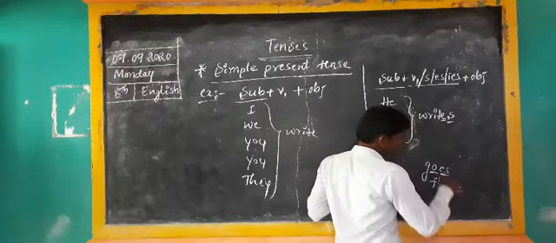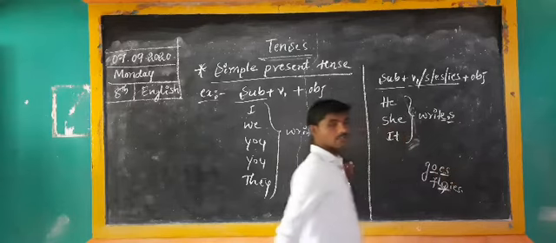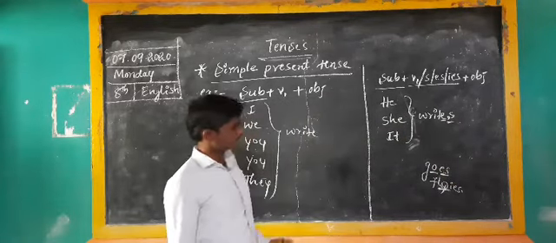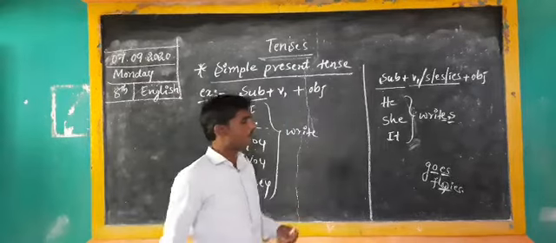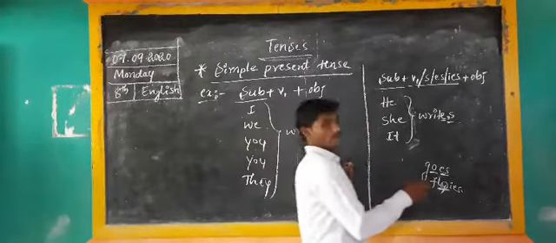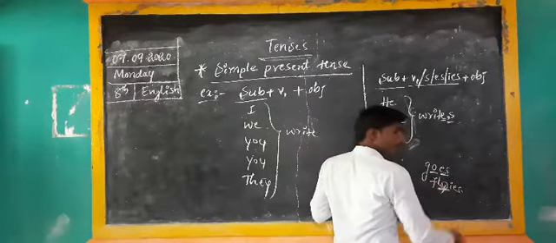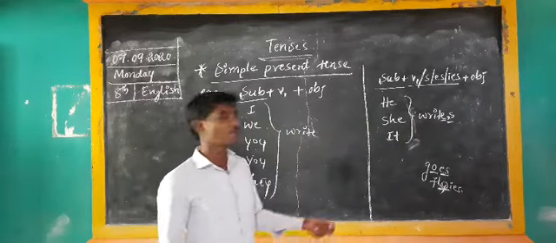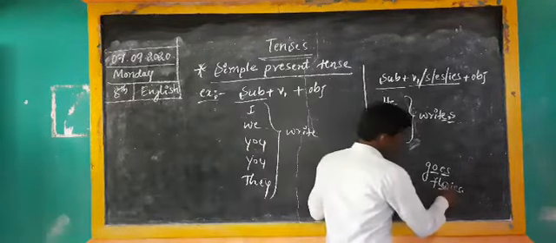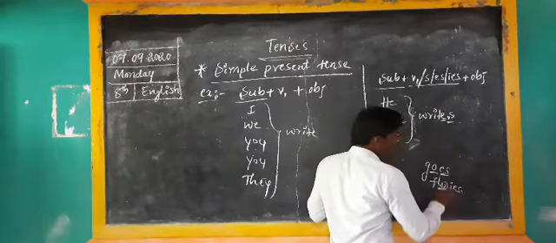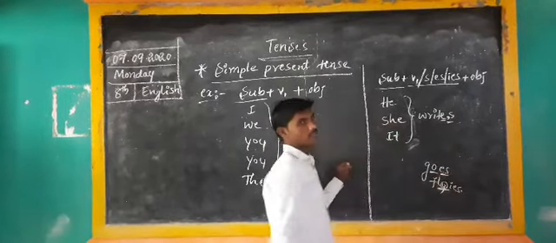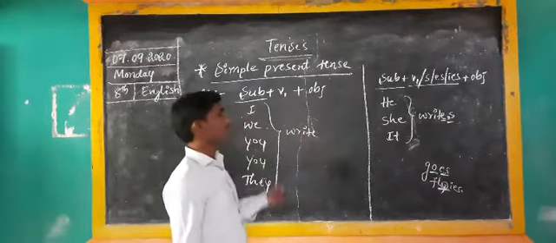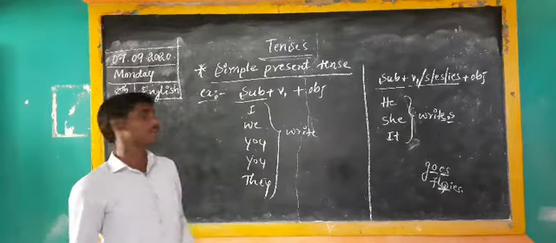Then we should use ies when the main verb ends with the letter y after a consonant letter: we should remove the y and use ies. This is the formula we have to understand.